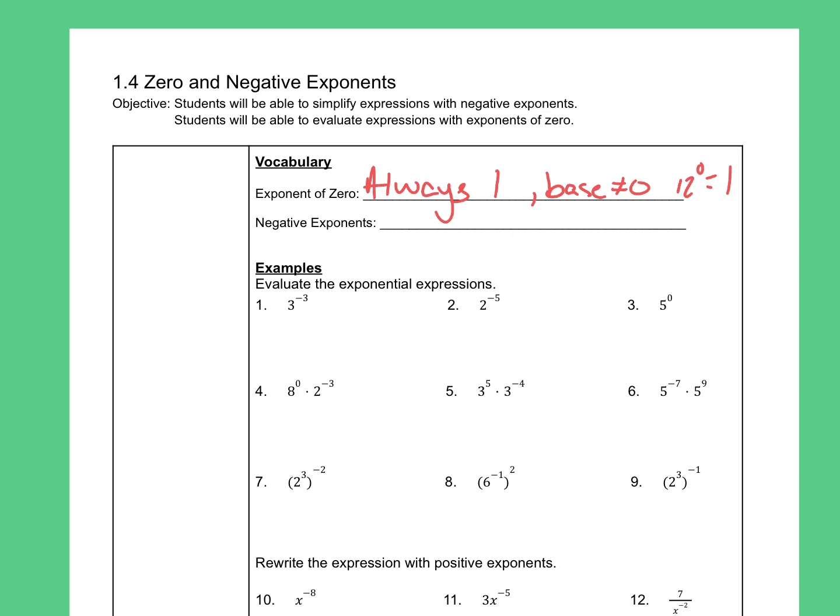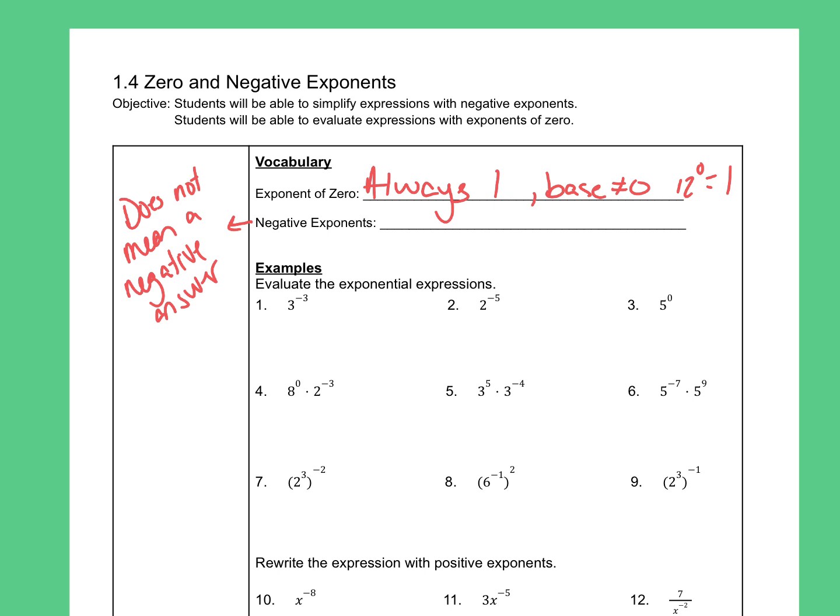And then for negative exponents, I first want to make a note that we learned that a negative exponent does not mean that we have a negative answer. So if we have a negative exponent, that does not tell us we're going to have a negative answer.